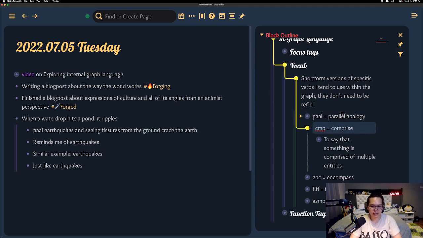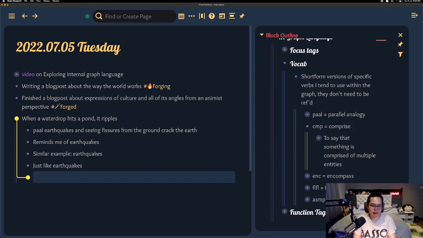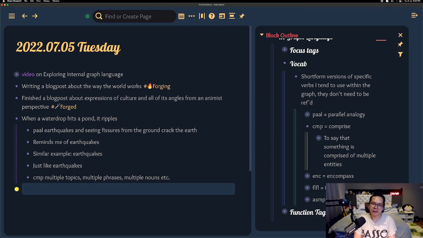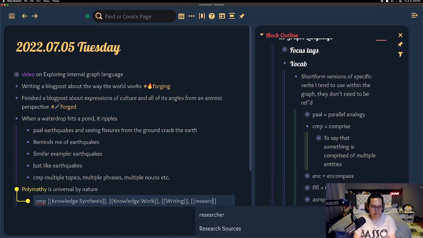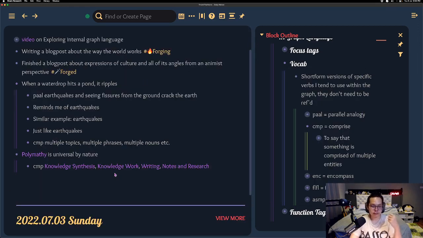When I think of comprise, I would use CMP for multiple topics, multiple phrases, multiple nouns, etc. So if I say polymathy is universal by nature, and I say comprise of, now I don't have to spend a lot of typing energy on filler words.